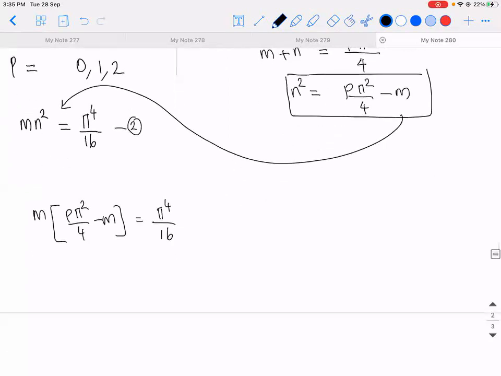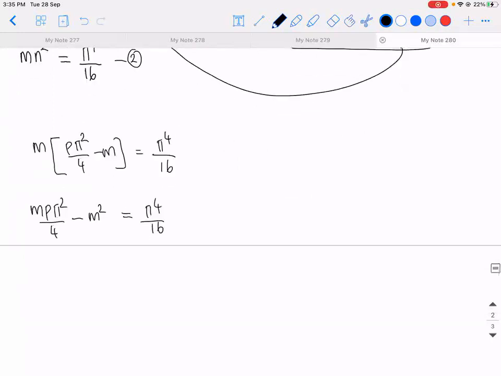If I'm expanding the bracket, it becomes mp pi square over 4 minus m square is equal to pi raised to 4 over 16. So I'm bringing these two terms to the other side. It becomes m square minus mp pi square by 4 plus pi raised to 4 by 16 is equal to 0. So this becomes a quadratic equation in terms of m.